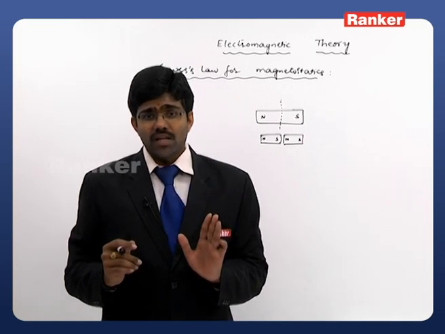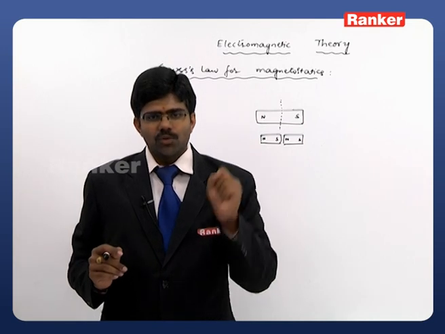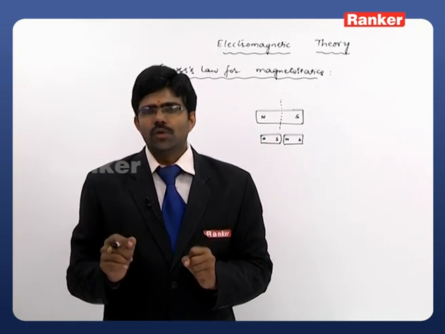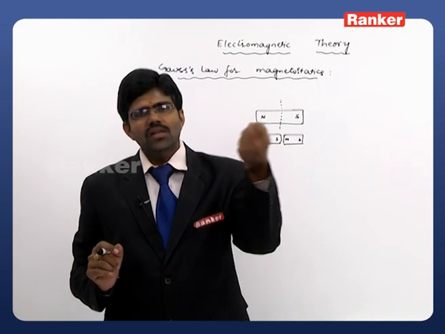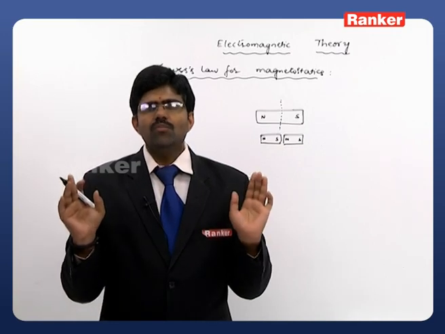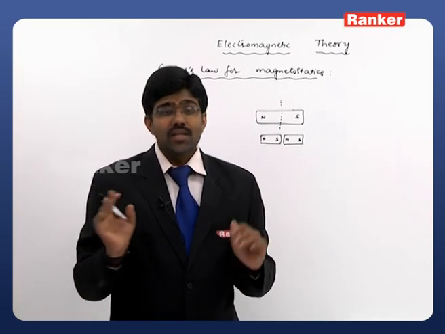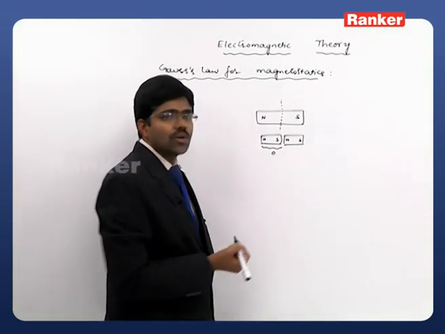But in magnetostatics, for any magnet, we do not find a single north pole or a single south pole. Whatever body we are considering, definitely a north pole and south pole combination will be there, and both are of the same magnitude. So, the net charge for the magnet we are considering is 0.